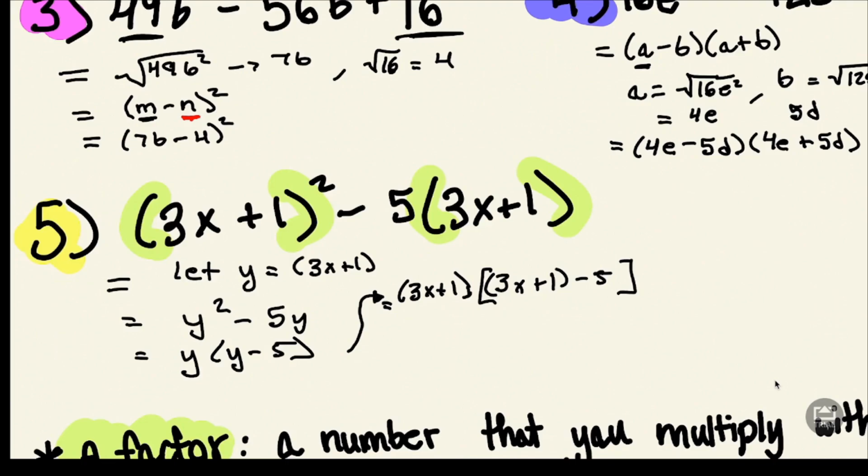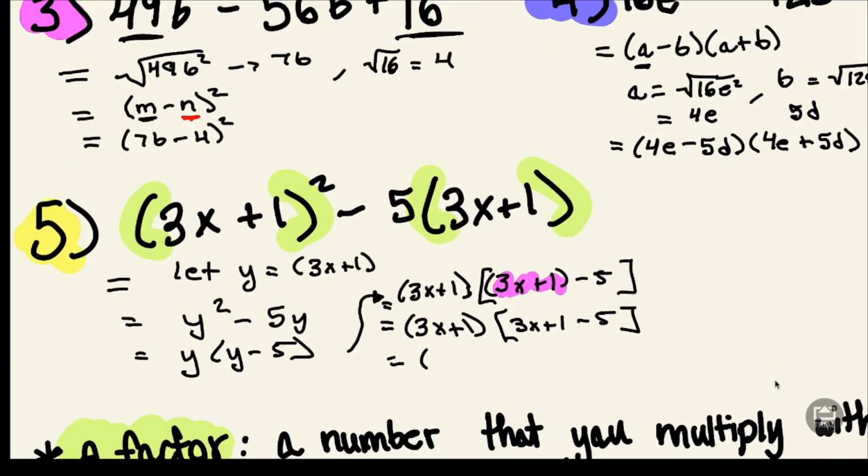You're firstly going to rewrite what's at the top, but remain with the big brackets, and then take everything out of the small bracket that I just highlighted. So you get rid of the small bracket, and then it's just going to be 3x plus 1 minus 5.